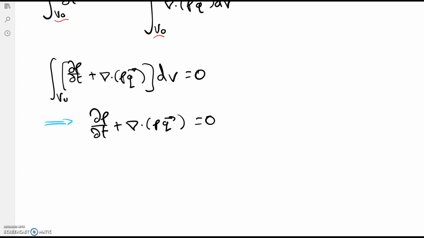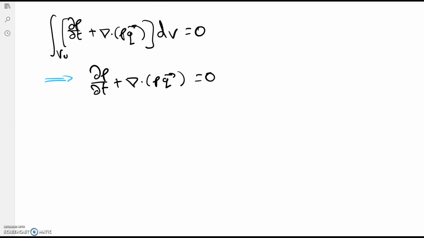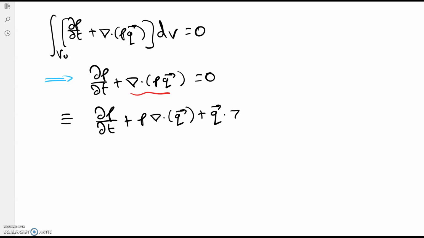Now we can use a property of the divergence to say this is equivalent to ∂ρ/∂t plus, using the property of divergence, ρ times the divergence of q plus q times the gradient of ρ, and that's equal to 0.